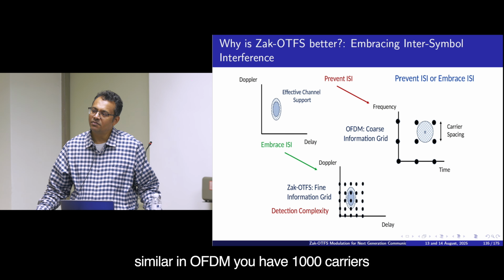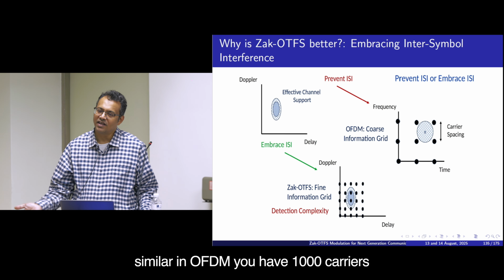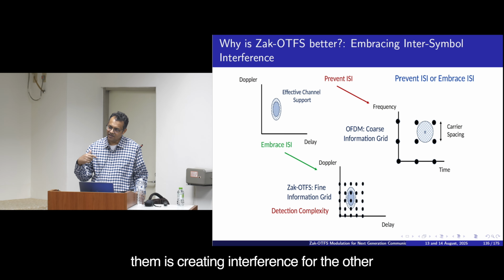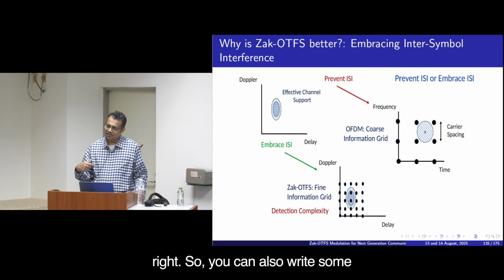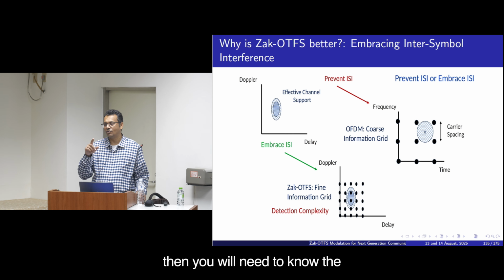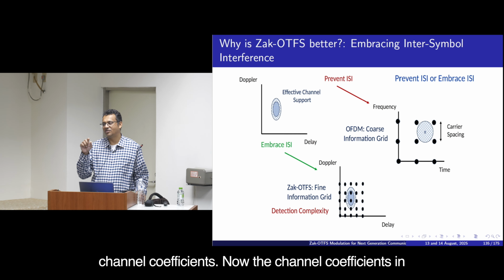You can do something similar in OFDM. You have 1000 different subcarriers, and each one of them is creating interference for the other, right? So you can also write some model like that for OFDM. But then you will need to know the channel coefficients.